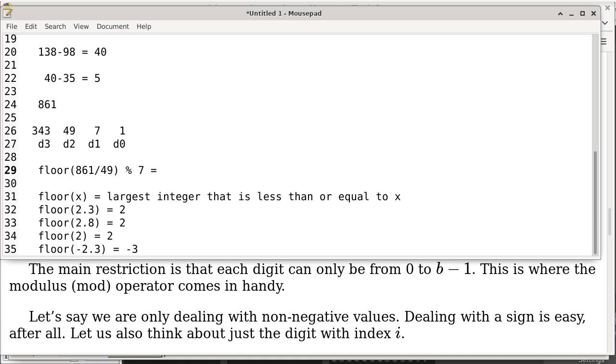That will give us D2, to be more specific in this case. Okay, so that's one of the operators that the prerequisite course really should have covered. Mod is the remainder of a division. So A mod B is the remainder of A divided by B.